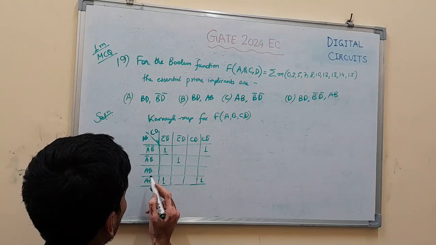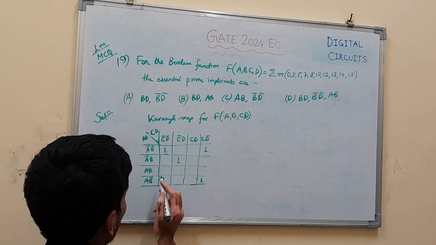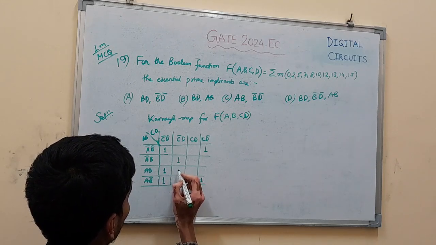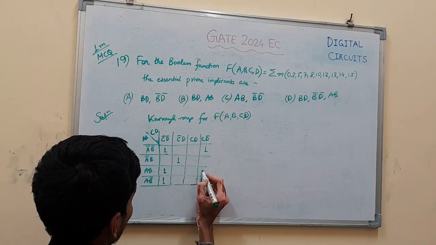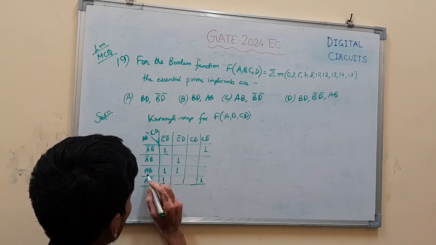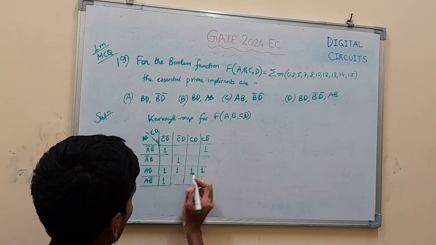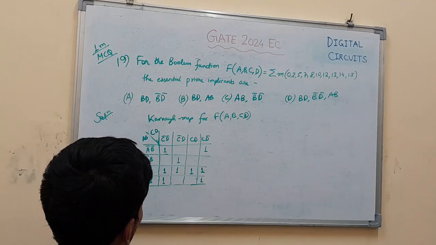12 means 1 1 0 0. 13 means 1 1 0 1. 14 means 1 1 1 0. 15 means 1 1 1 1.